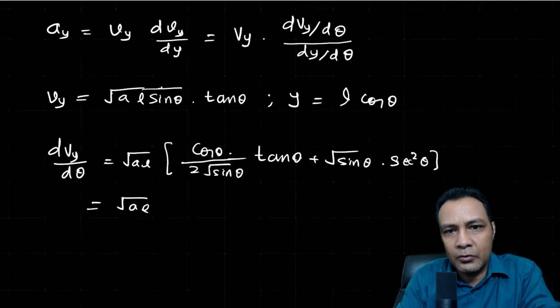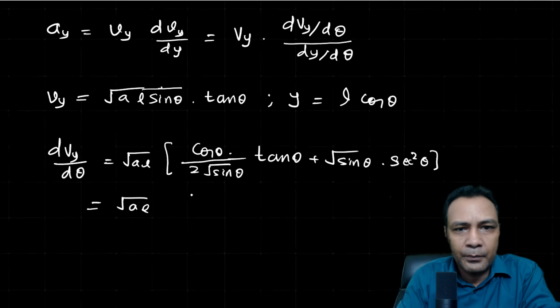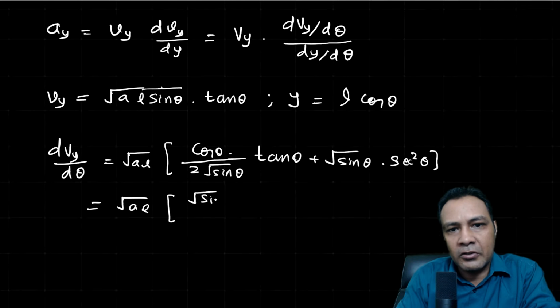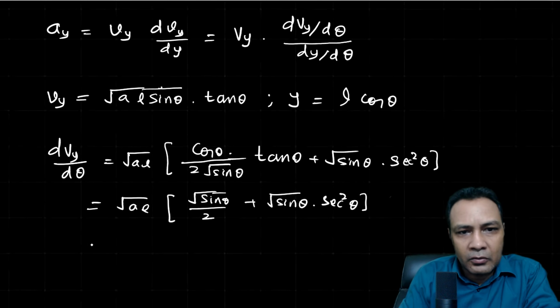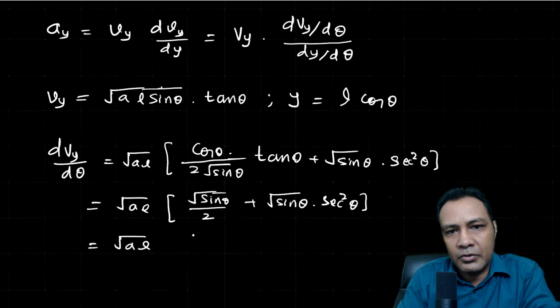So cos theta into sine theta by cos theta gives sine theta, and in the denominator there is root sine theta. So this is actually root sine theta by 2, plus root sine theta sec square theta. So that is square root of AL, and I'm taking that root sine theta outside.